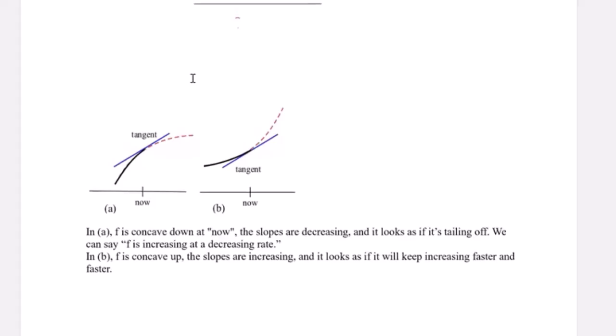So in this figure here, f is concave down at x = a. Okay, so they're calling this point here a. The slopes are decreasing. So why would the slopes be decreasing? If you think about what the tangent might look like here, that has a much greater slope than that blue line.